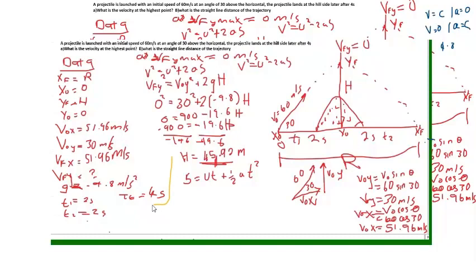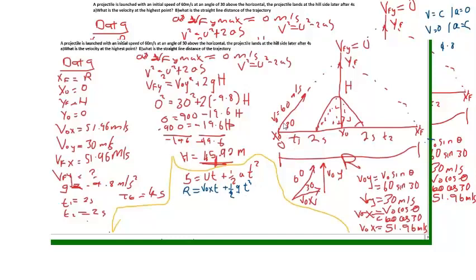Since we are dealing with the x-axis, the displacement we are looking for, which we call r, is equal to the initial velocity in the x-axis times the time, plus half g as the acceleration for gravity times time squared.